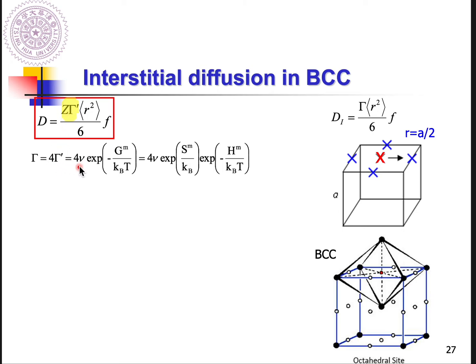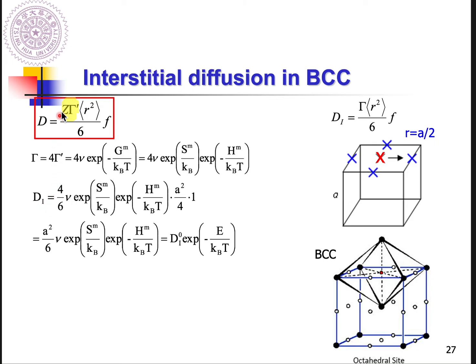So gamma prime is a vibration frequency times the probability of crossing the energy barrier. So diffusivity can be expressed like 4 mu. This is the Z gamma prime. And small r is the distance of the jump to the nearest interstitial site.